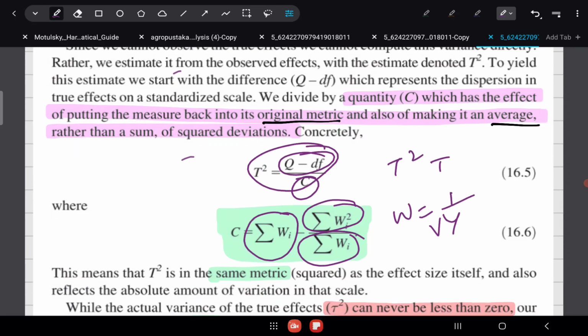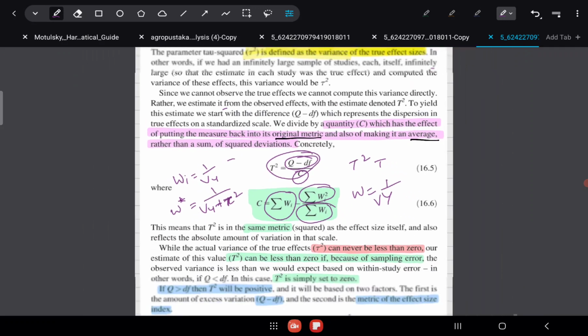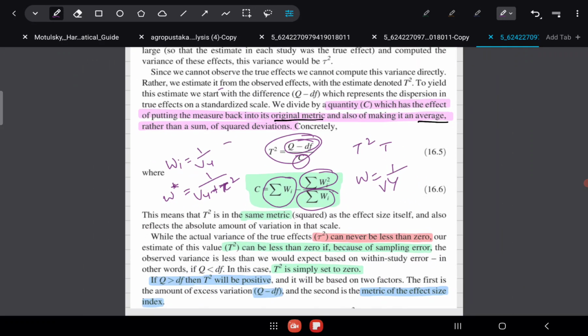Remember that the weights as they are computed in fixed effect modeling, we will be representing simply as W, the inverse of the variance. Whereas when weights are used as per random effects modeling, I'll be denoting them with a star. So W star would be the inverse of the sum of the within-study variance and the between-study variance. Now you understand that it has two properties.